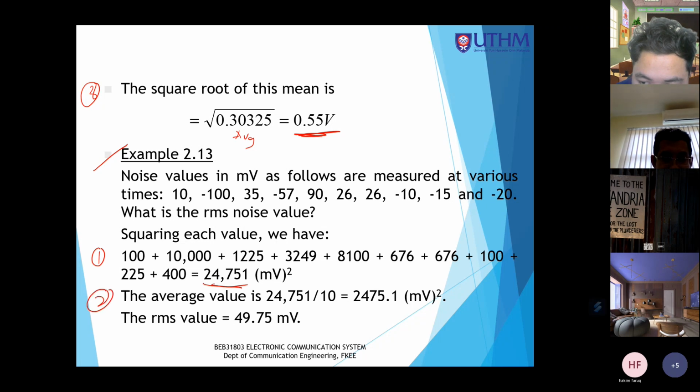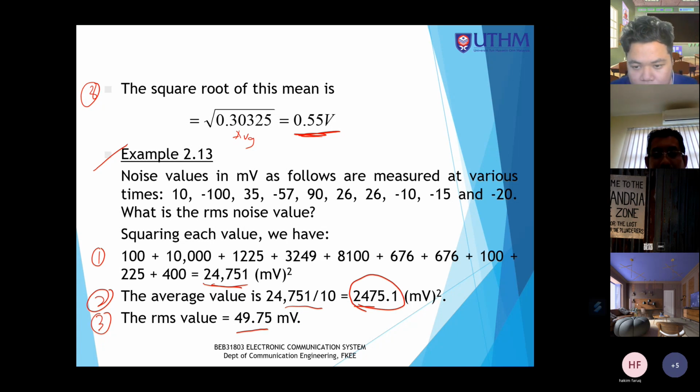The second process, you find the average: 24,751 divided by 10, so you get 2475.1 millivolt square. The third process, you find the square root of 2475.1, and you get 49.75 millivolt. Okay, the slide is finished.